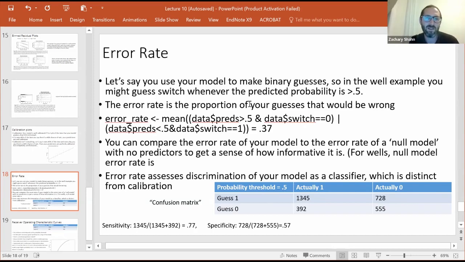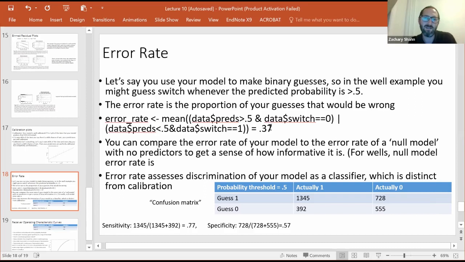If that's what you're doing, the error rate is just the proportion of your guesses that would be wrong if you followed that rule. In R, you could compute this as the mean of the indicator for whether you guessed greater than 0.5, but actually there was no switch, or your model said less than 0.5, but there was a switch.